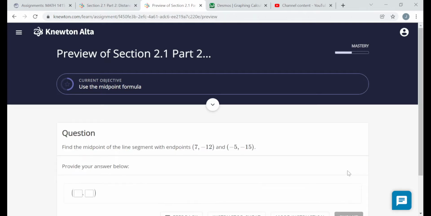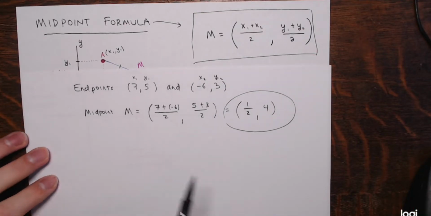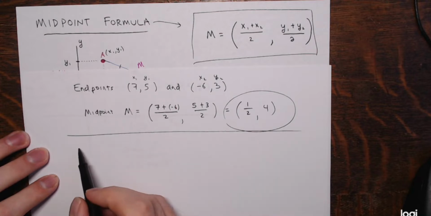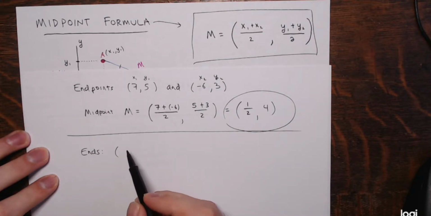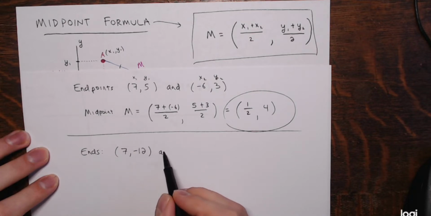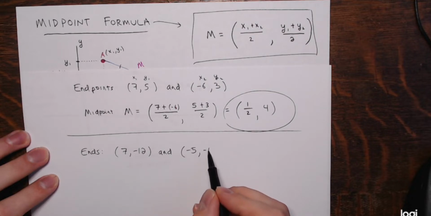All right, still using the midpoint formula. So find the midpoint of the line segment with these endpoints. All right, so back to that. I'll just work on the same paper here. So the endpoints, I'll just write ends, are at 7, negative 12, and negative 5, negative 15.